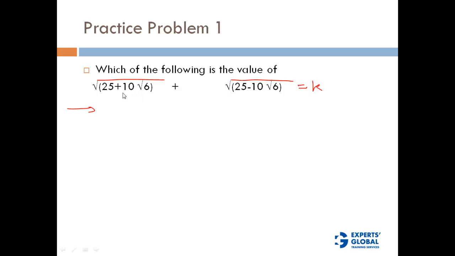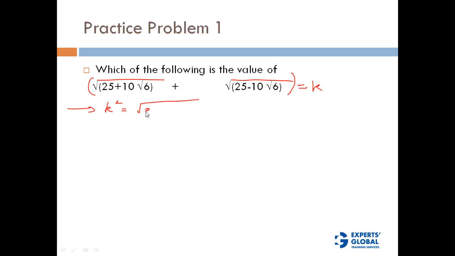Now because we have these under roots, we'll need to get rid of them. So we'll square the entire expression. So k square is equal to, notice that this is of the form a plus b. So a plus b whole square, which is a square plus b square plus 2ab. So what do we have?